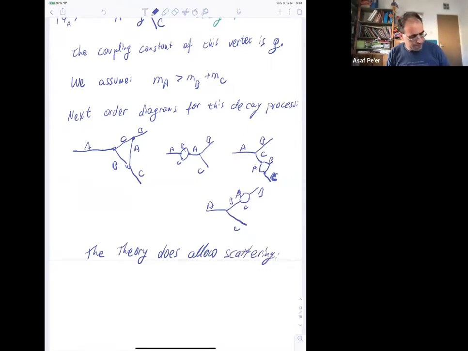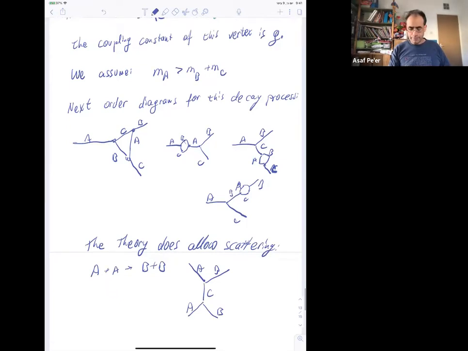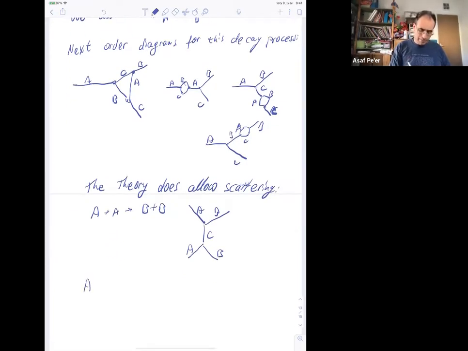For example, we can have an A goes into B and B, or AB. So this one would be something like A, B, C, A, B, C. Or A plus B goes into A plus B. Here we have two options.